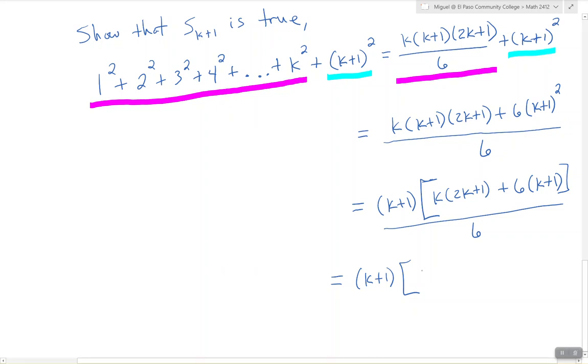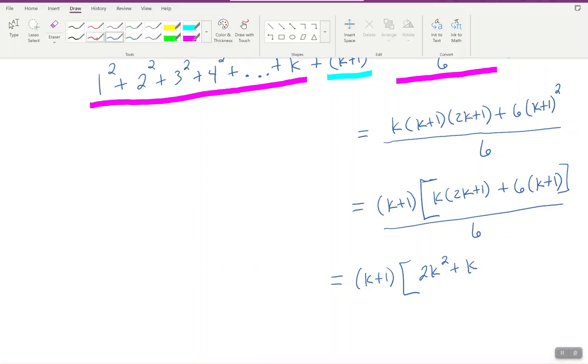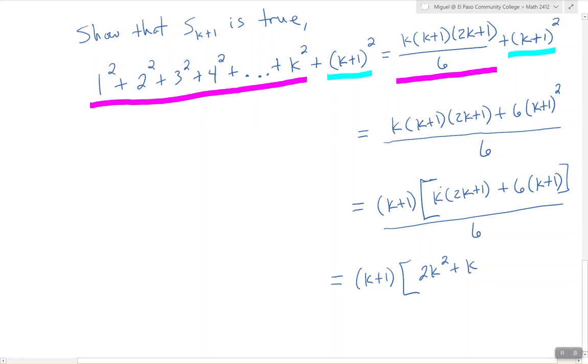That would be 2k squared plus k. That's that. And then we'll do 6k plus 6k plus 6.